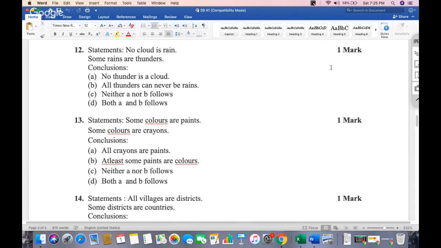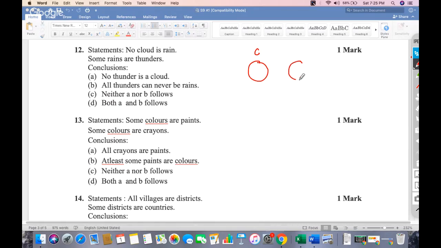So, question number 12, no cloud is rain. So something like this. No cloud is rain. So, this is cloud and this is rain. Now, some rains are thunders.